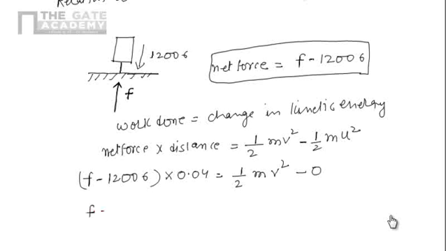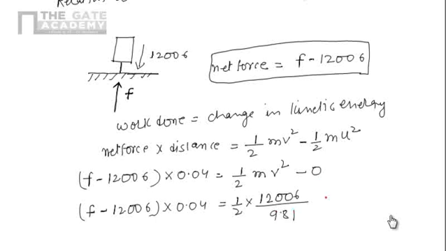So we have F minus 12006 into 0.04 equals 1 by 2, and the combined mass of pile and hammer, the total weight 12006 divided by 9.81, and the velocity after collision 3.83, squared.